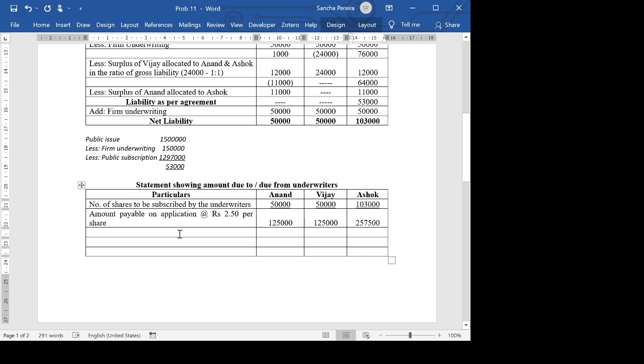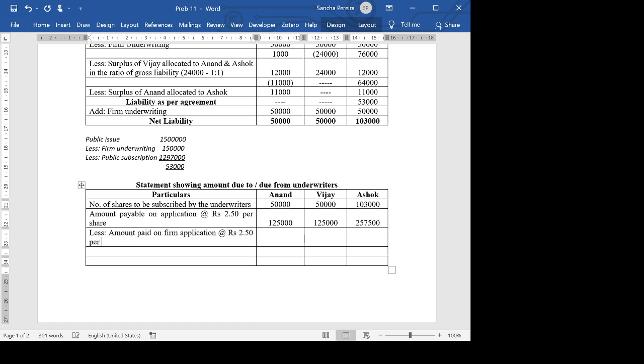So we minus the amount that has already been paid on firm underwriting, less amount paid on firm underwriting at the rate of rupees 2.50 per share. So multiply each one's firm underwriting: 2.50 into 50,000 will be 1,25,000. Same for all, 1,25,000 and 1,25,000.